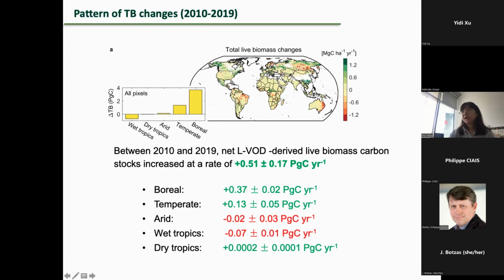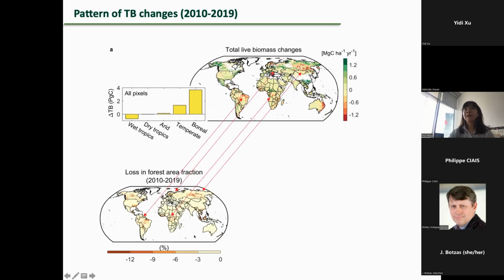The wet tropics and the arid region act as carbon sources. Spatially, we found the patterns of biomass change are quite consistent with the forest coverage change from the global forest change database.